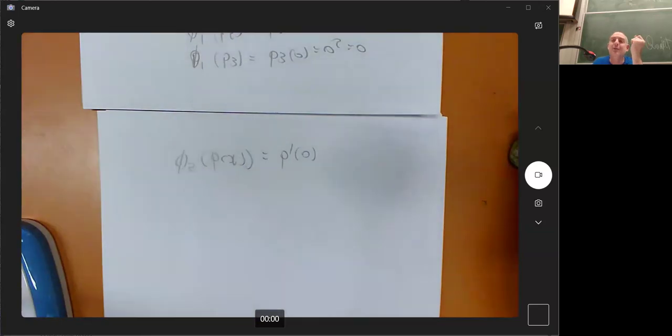I was going to mention earlier that differentiating and then subbing in would also be a linear functional, because derivatives expand out over plus and times and multiplying by a constant as well.